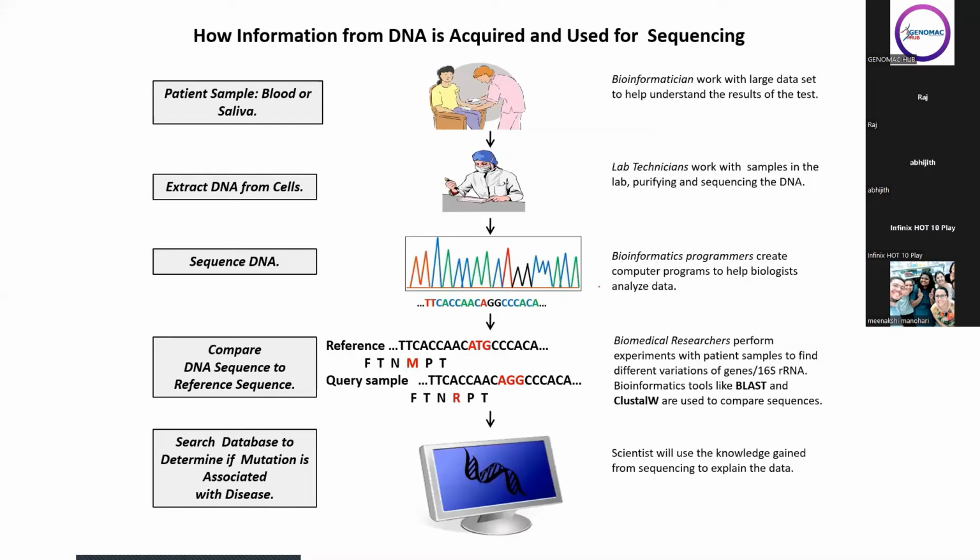So it's a very big data. Manually it cannot be interpreted, or it takes hundreds of years. That's why we need the help of computers and bioinformaticians, so they can make it easy for us.